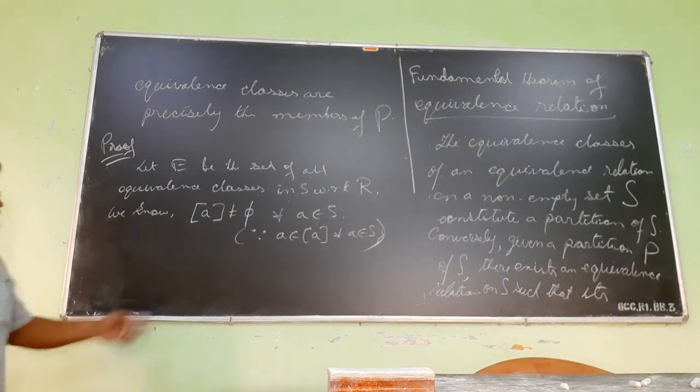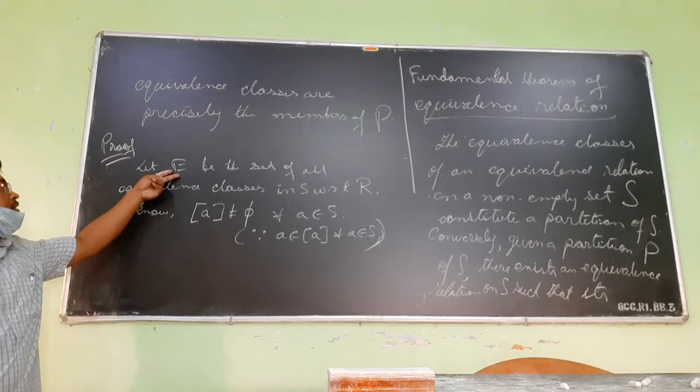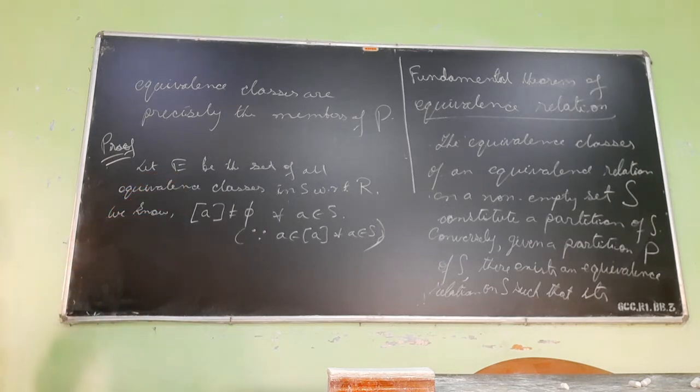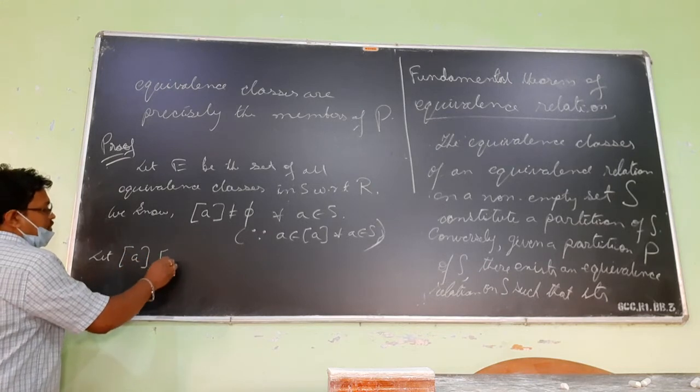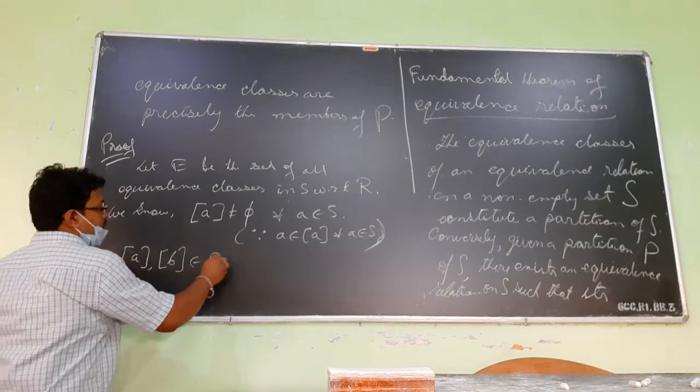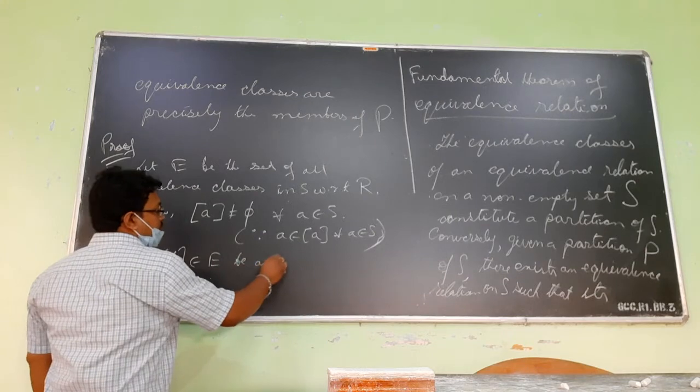Next, I have to show any two members here are either disjoint or identical. So let class A, class B belong to E, be any members.